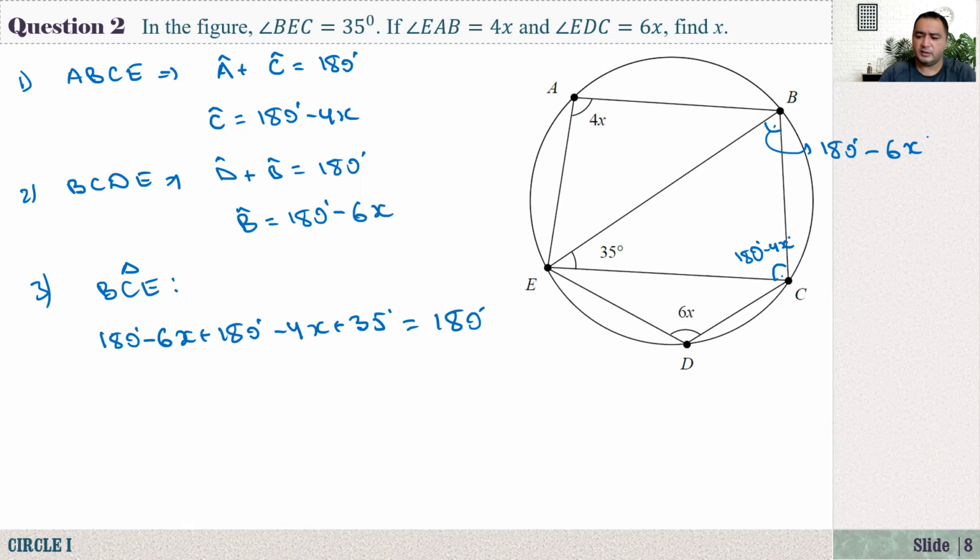Now we got the equation, and by solving this we will get the value of x. On both sides we have 180, so we can cancel them out. Minus 6x minus 4x is minus 10x, take it to the right-hand side and we have 10x. 180 plus 35 is equal to 215 degrees. Now if you divide both sides by 10, x is equal to 21.5 degrees.